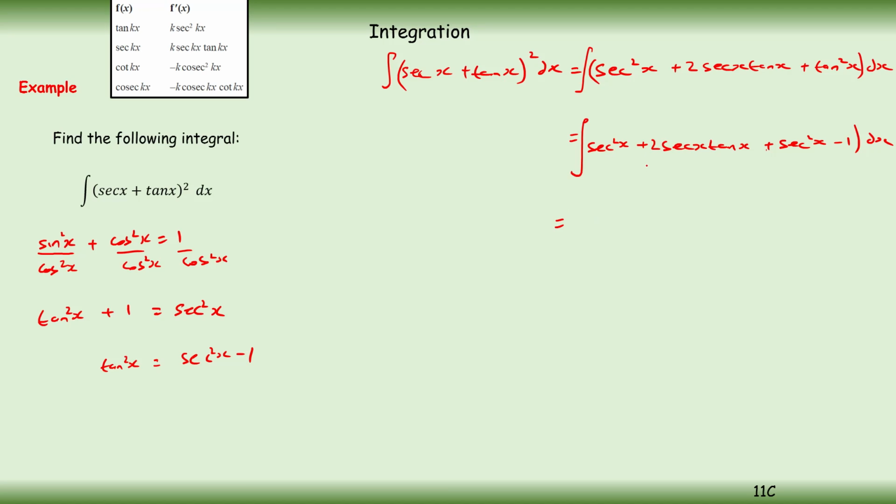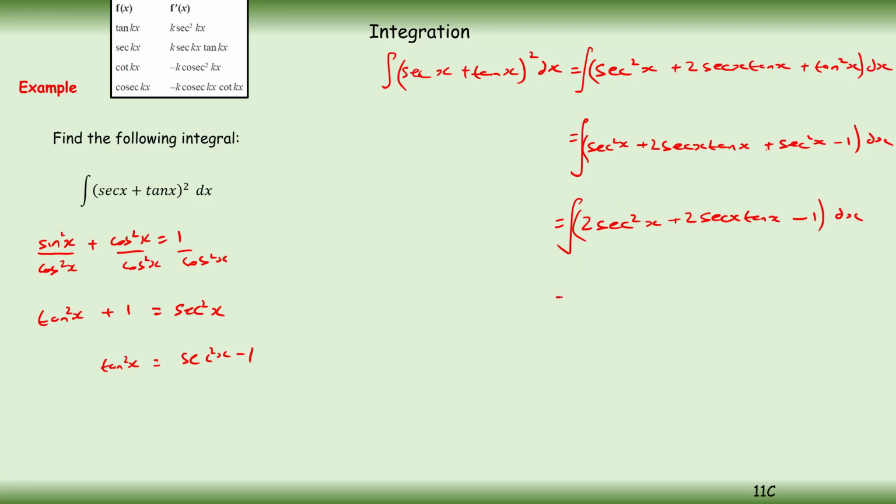So if I combine the sec squared, that's the integral of, oops, I forgot my brackets there, the integral of 2 sec squared x plus 2 sec x tan x minus 1. Put my brackets round, with respect to x.